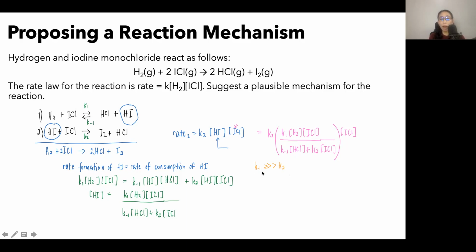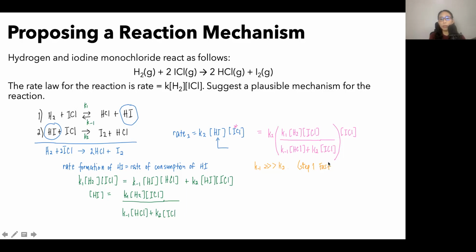Even though that's the backward rate constant, since the step is reversible, if the backward is high, it also follows that the forward rate constant is high. So if this is the case, step one is a fast step.